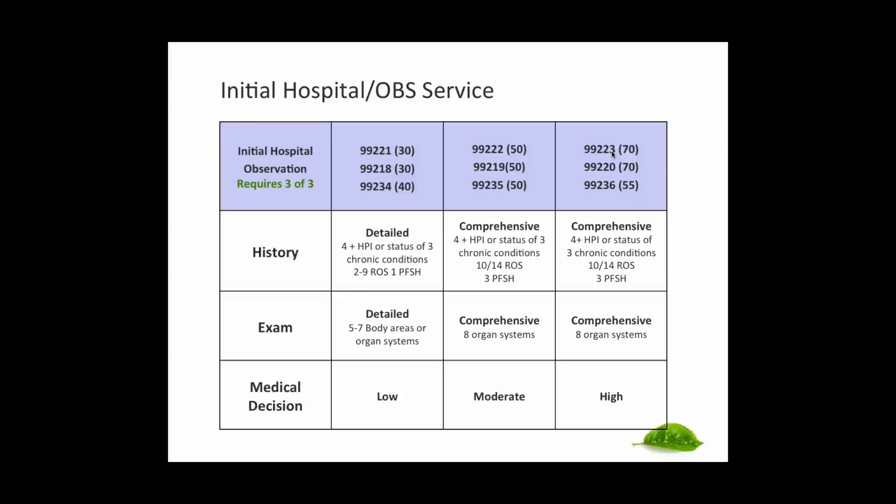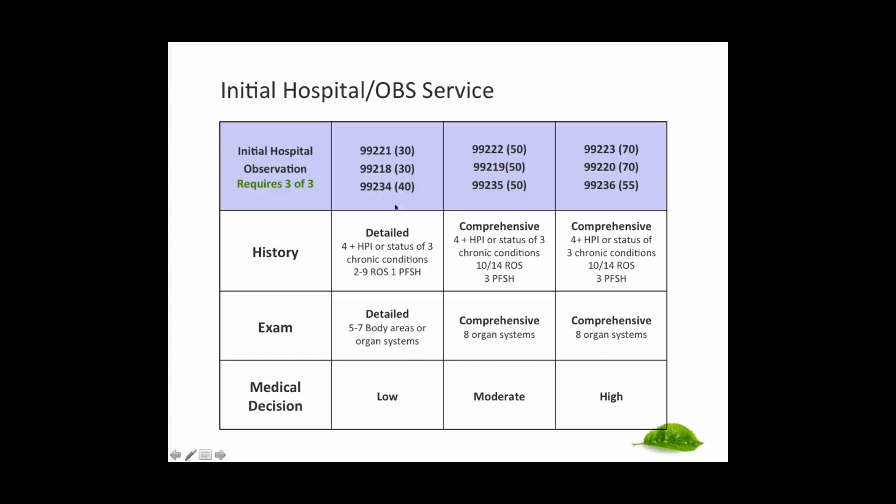And so here's how these guidelines work for initial hospital and observation. So this first series right here is going to be your initial hospital, observation, and same day admit discharge. And you can see the time differential is a little bit different based upon the category.